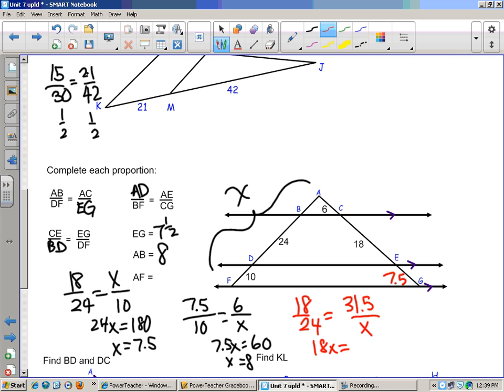I can't do that in my head. 31.5 times 24? 756. Okay, so X is 42. Yeah, 42. And we could check that, couldn't we? Yes.